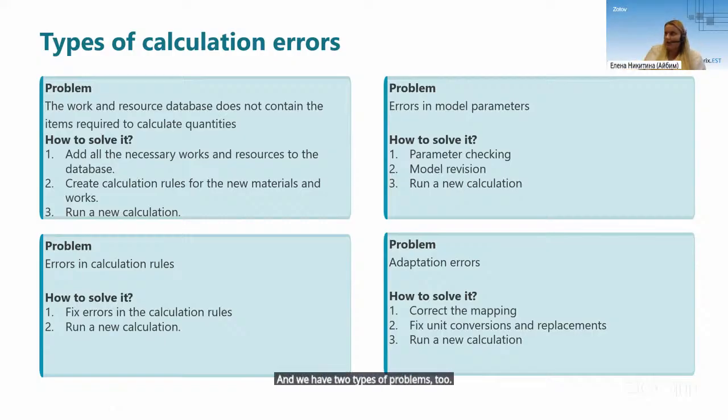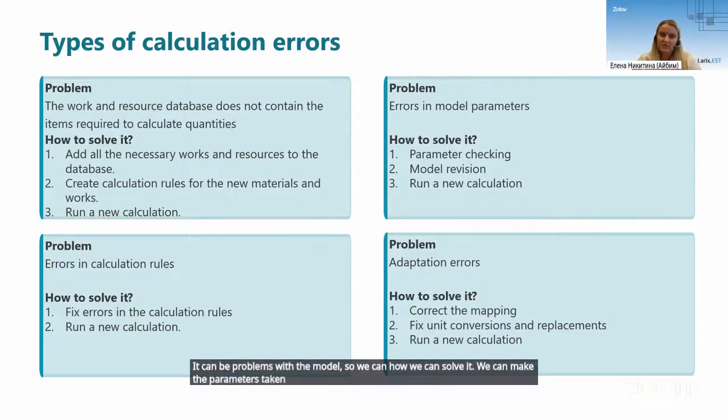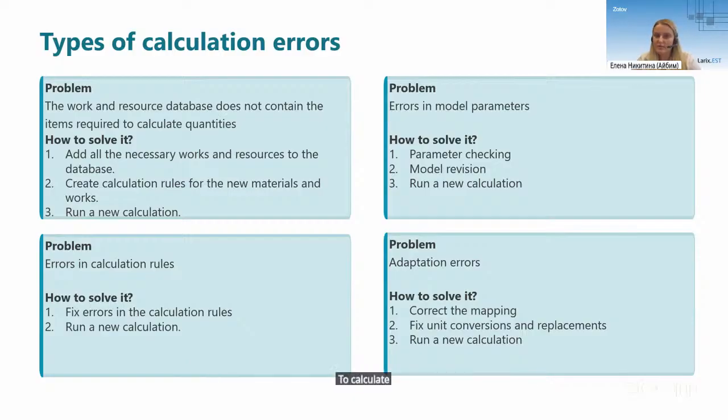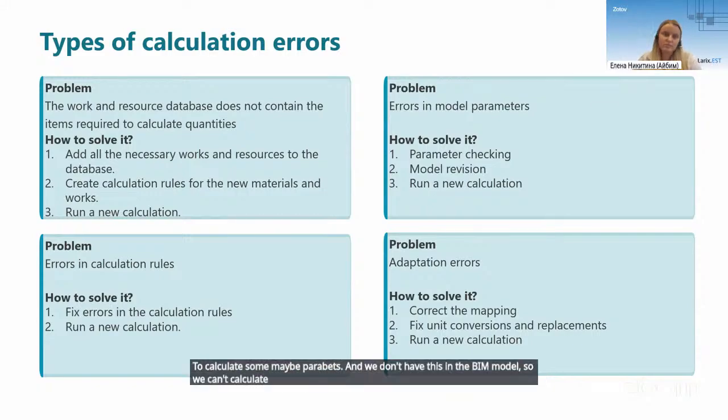And we have two types of problems too. There can be problems with the model, so how can we solve it? We can do parameter checking, because parameters are the main thing that we need, and they can be the problem. We need the length to calculate parapets, maybe, and we don't have this in the BIM model, so we can't calculate the way that we need.